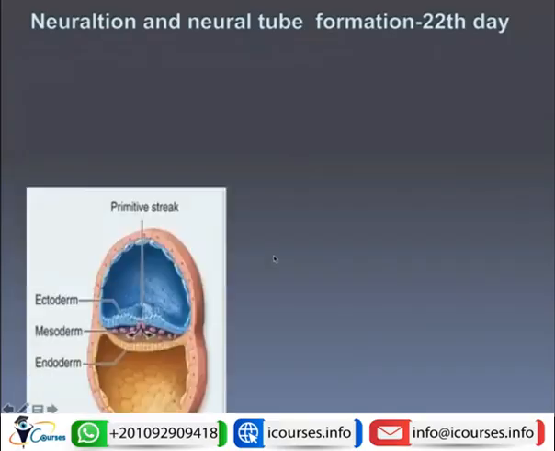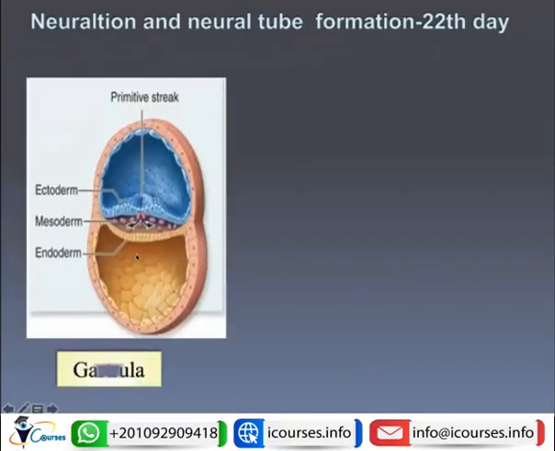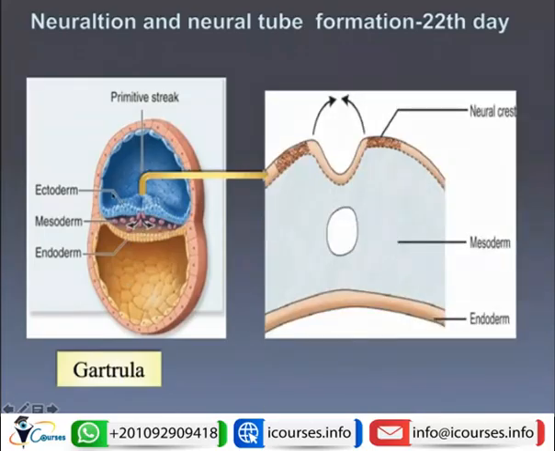So here is this process again. This is the gastrula formed of the three germinal cell layers. The cells at the edges of the primitive streak are called the neural crest cells. So the neural crest cells are surface ectodermal cells.